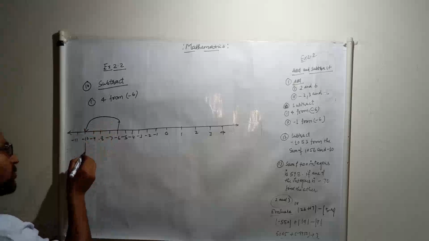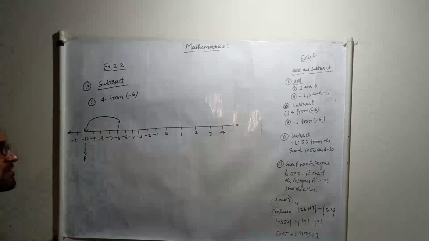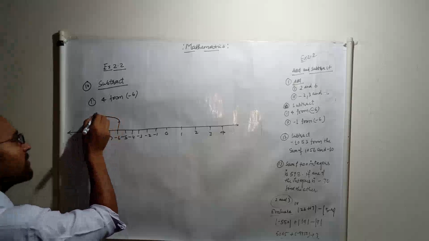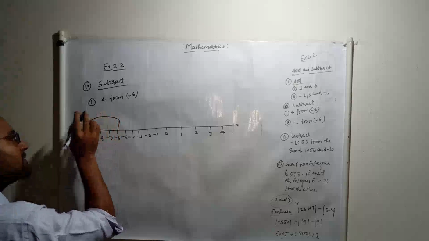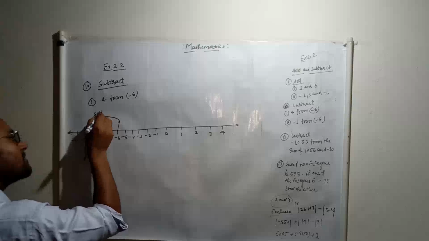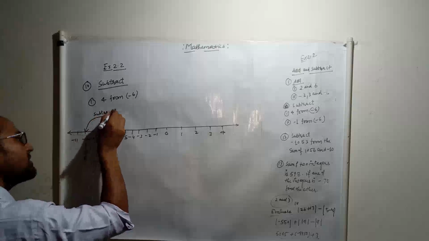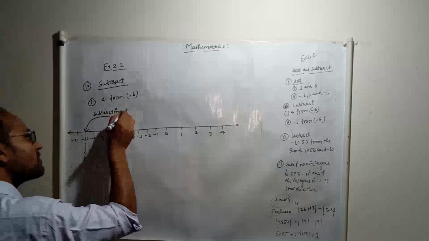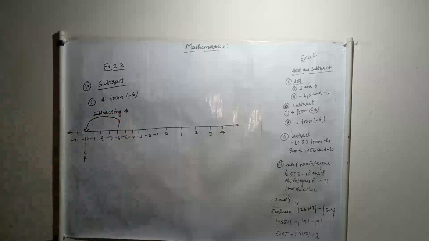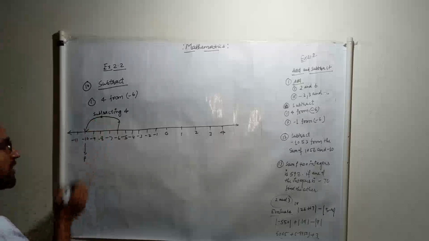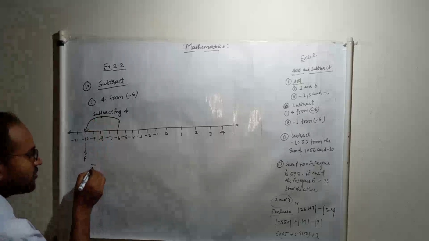That is your final position. Subtracting 4 from minus 6, what result will you get? You will get minus 10.